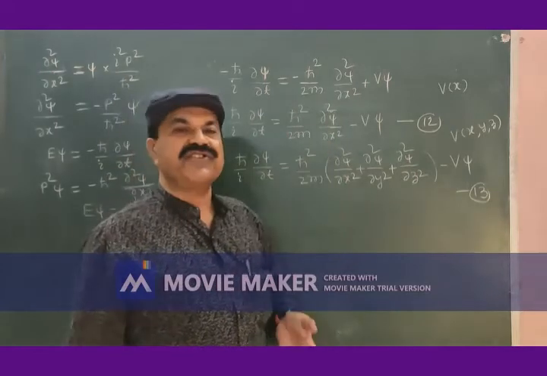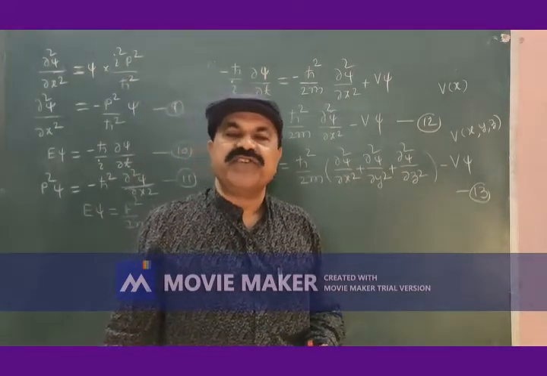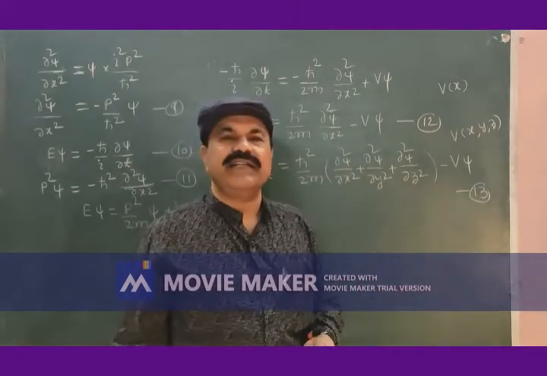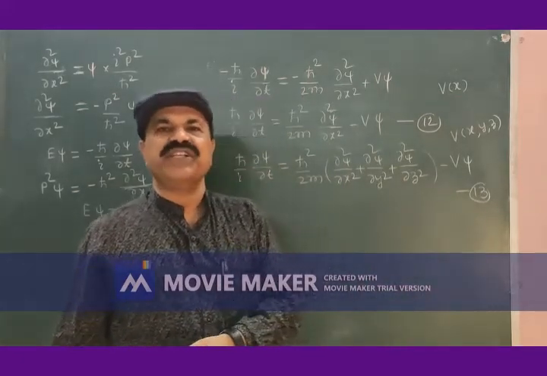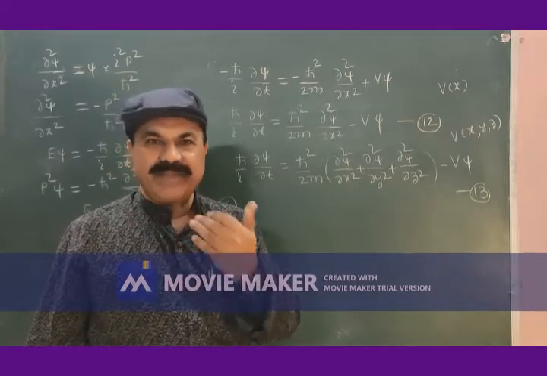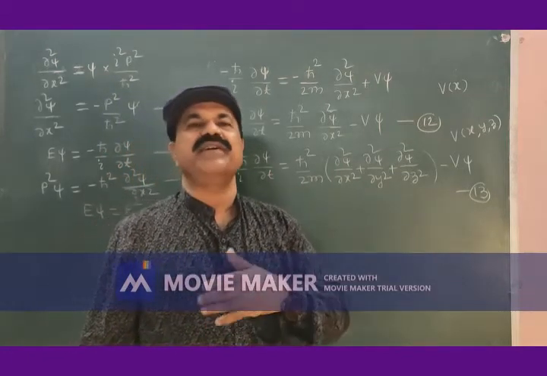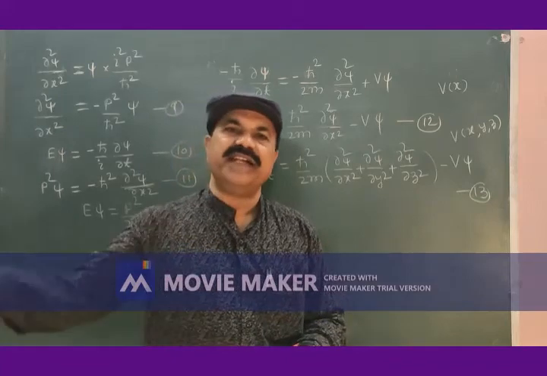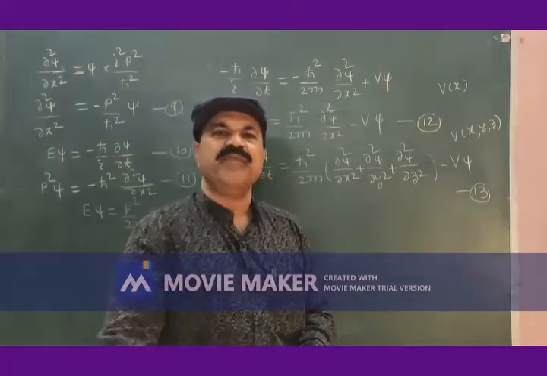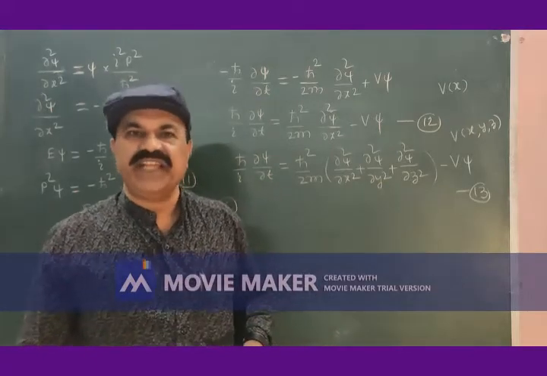We can solve that equation for psi. Once the equation for psi is obtained, other parameters, other observable quantities associated with the bound particle in motion can be found very easily.